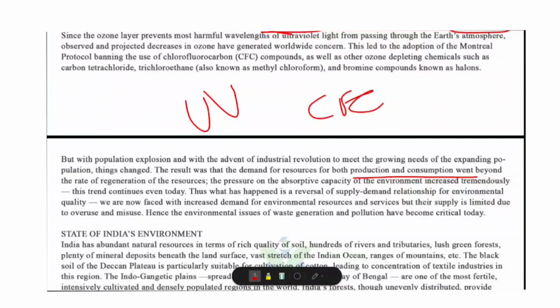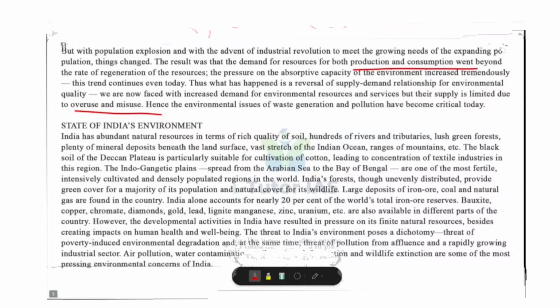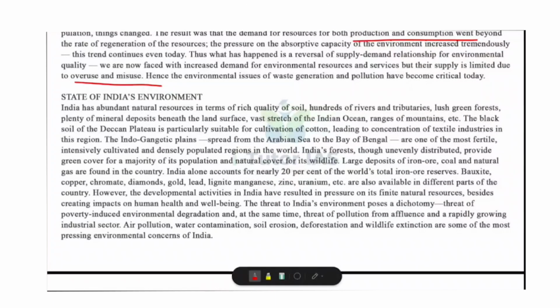The demand for environmental resources and services has increased, but their supply is limited due to overuse and misuse. As a result, problems like waste generation, pollution and environmental degradation have become critical global issues that need urgent attention. Now let's move to the next heading, State of India's Environment.